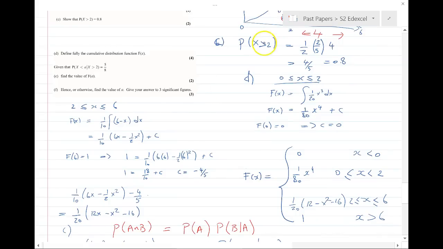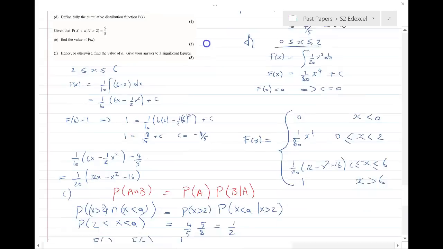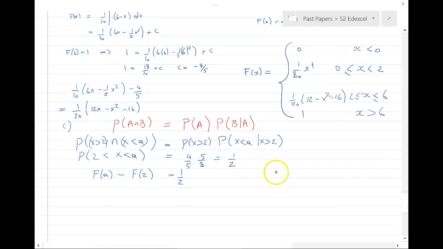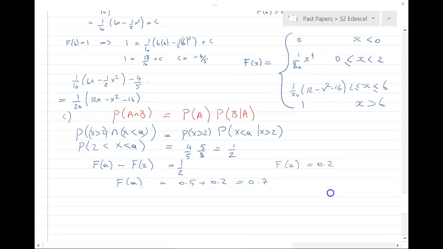But the probability that x is greater than 2 is 0.8. So F(2) must be equal to 0.2. Okay, so that gives us F(a) equals 0.5 plus 0.2, which is equal to 0.7 or 7/10.